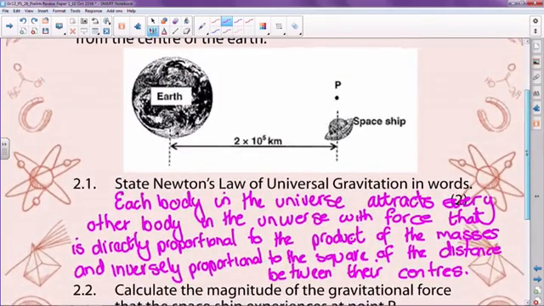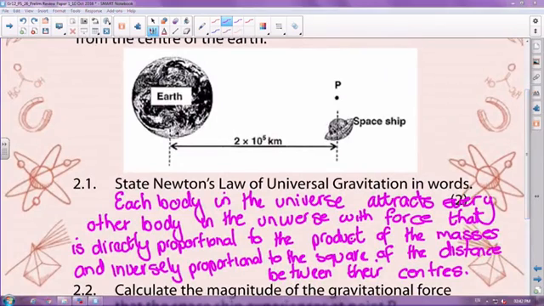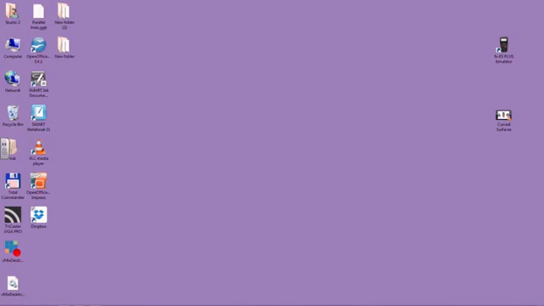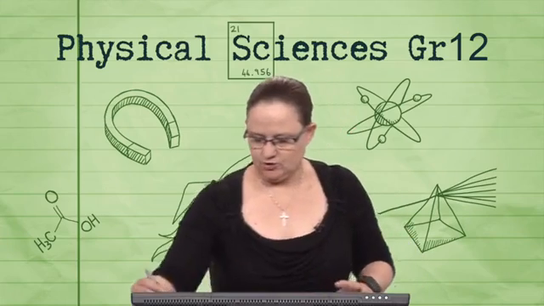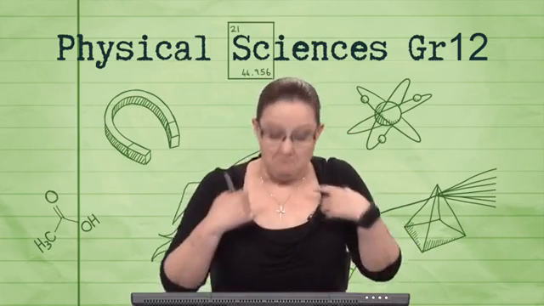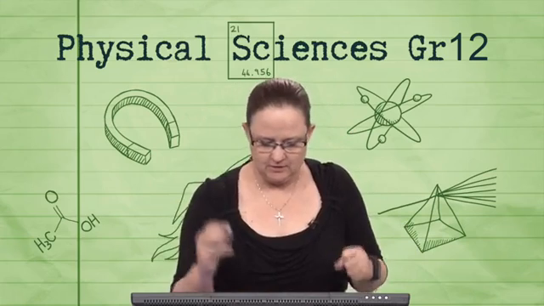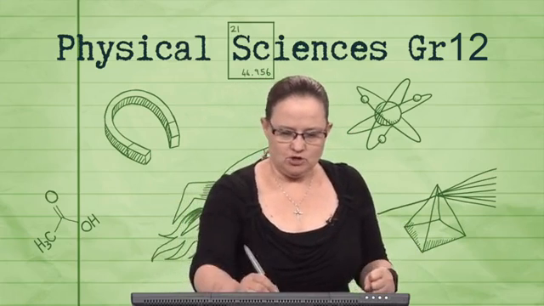I've just realized that I've made a mistake on my answers, so I'm going to need to open the calculator quickly. I'm now going to show you why reading the question is so important.